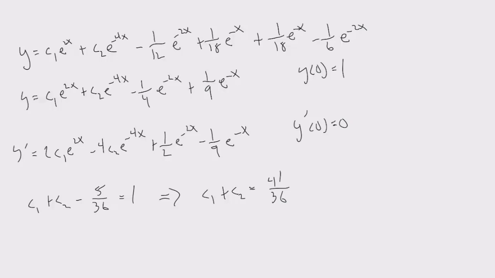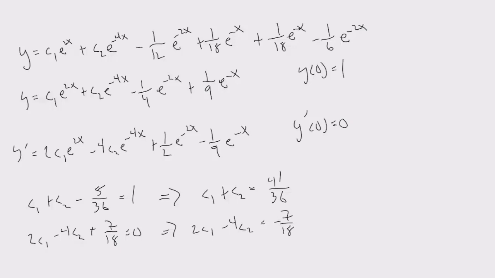And then looking at the derivative, y prime, same argument, put a 0 in for x, I get e to the zeros, which make all those terms 1, so I'll get 2c1 minus 4c2 plus 1/2 minus 1/9, so 7/18 equals 0. So that's 2c1 minus 4c2 equals negative 7/18.